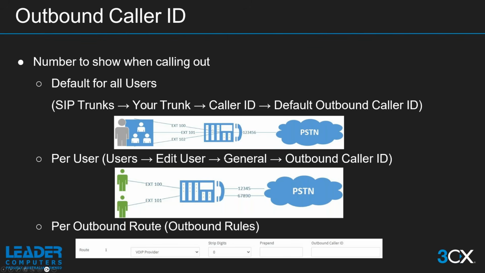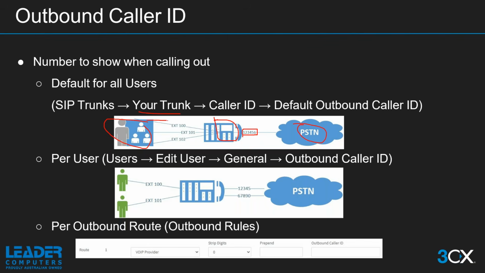Let's say, for example, with example one, this is the 3CX phone system, this is the PSTN external, and these are the internal users. If you want all calls to have one single outbound caller ID, which is 1234556, then you just put that on the SIP trunk level.